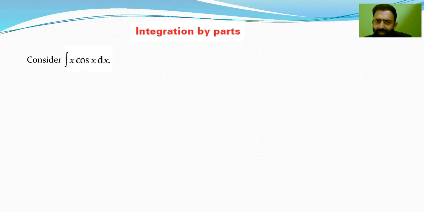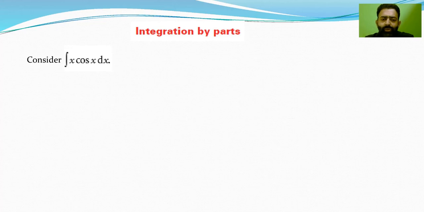So if you have two different types of functions, say algebraic and trigonometric, how do we integrate them?